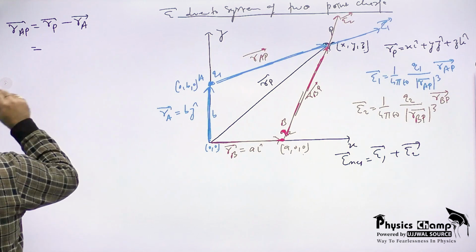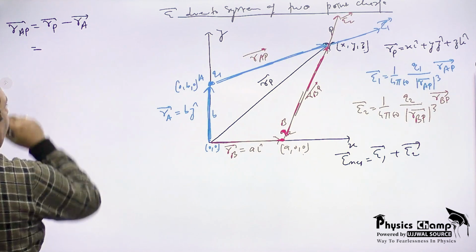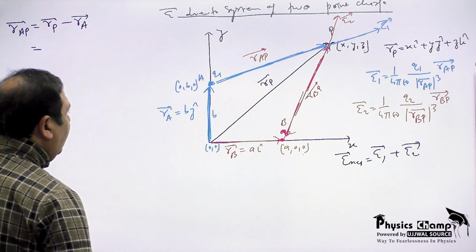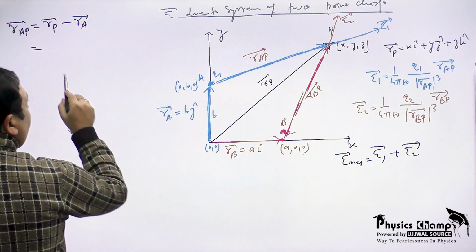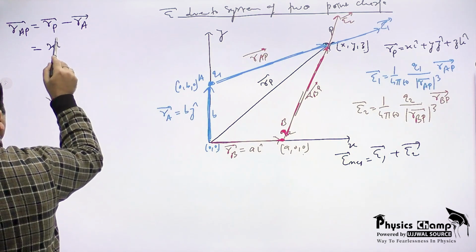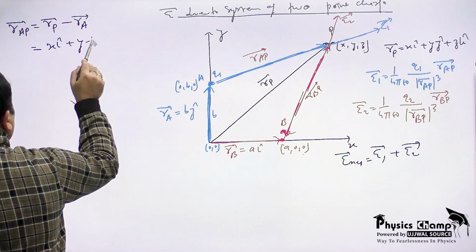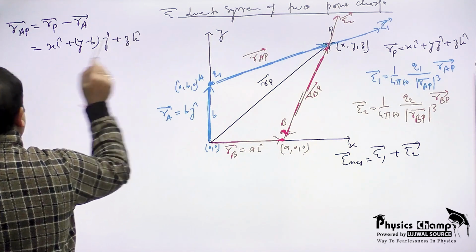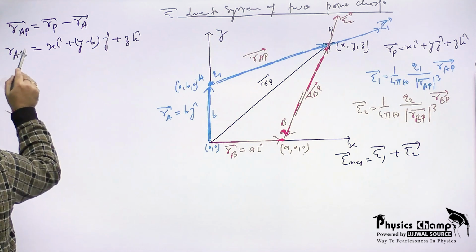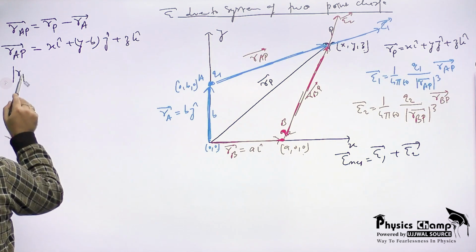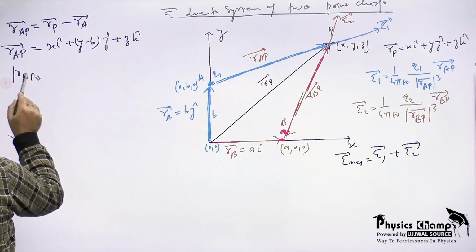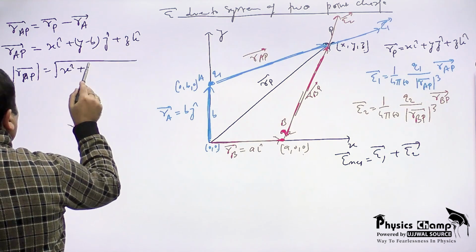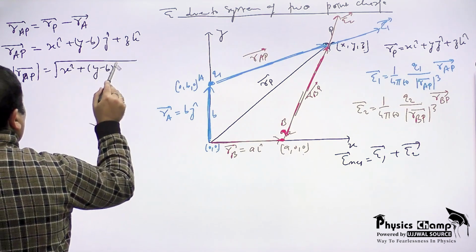So this RAP vector will be xi plus yj plus zk minus RA, so it will become xi plus (y minus b)j plus zk. This is RAP vector. And magnitude of RAP vector will be root of x square plus (y minus b) square plus z square.